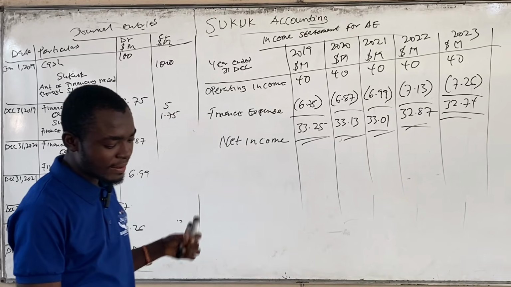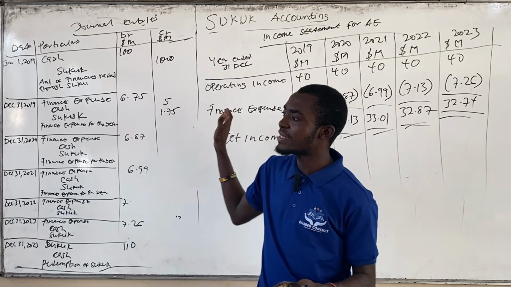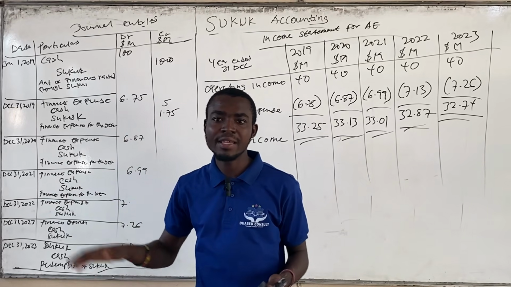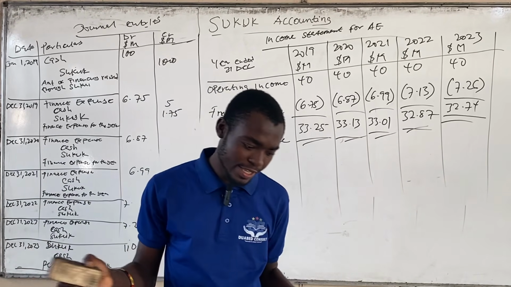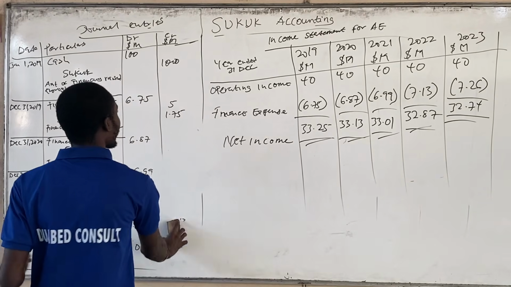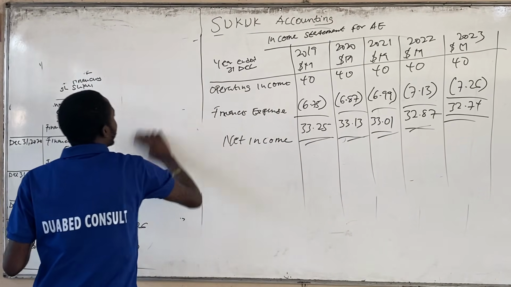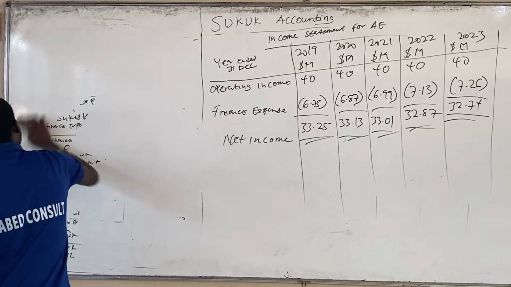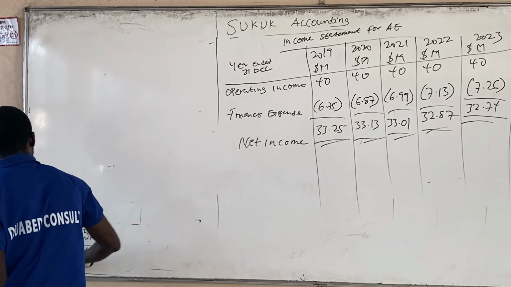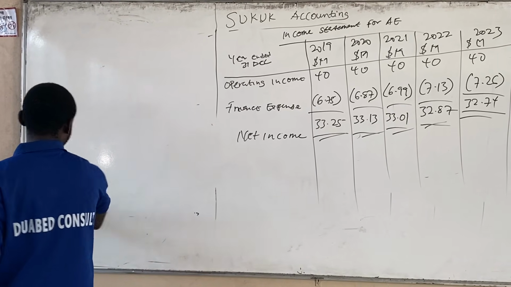So the last thing that we are coming to do under International Financial Reporting Standard is the statement of financial position. That's the balance sheet statement. So we are going to prepare the balance sheet statements for AAOIFI Enterprise.